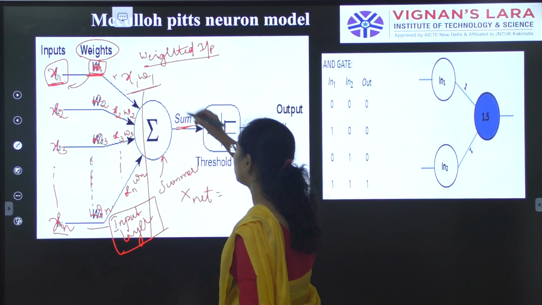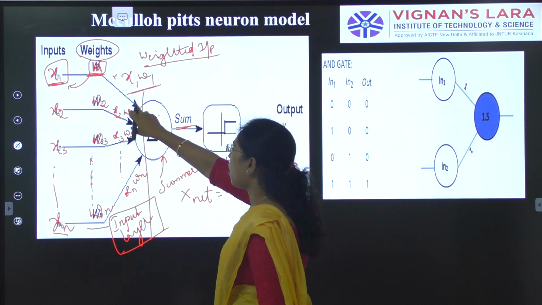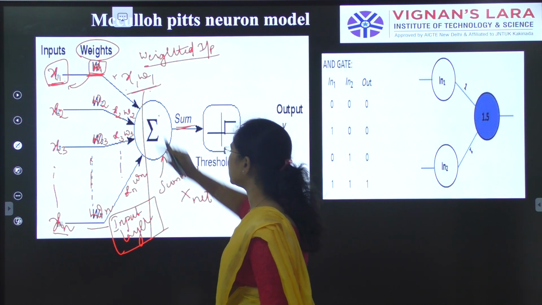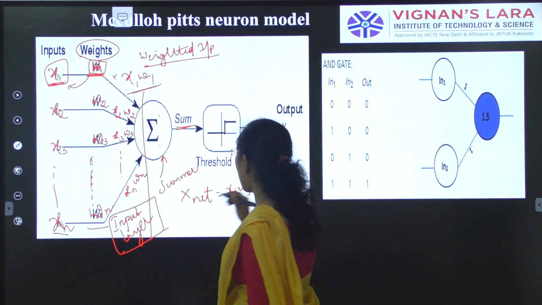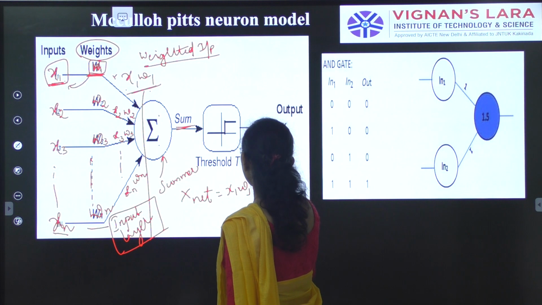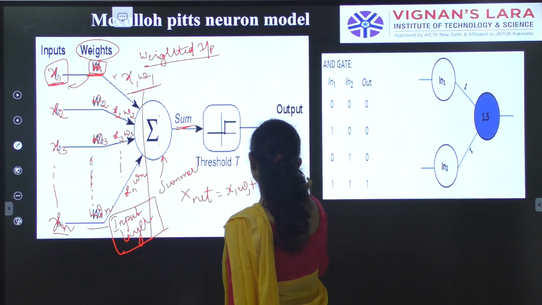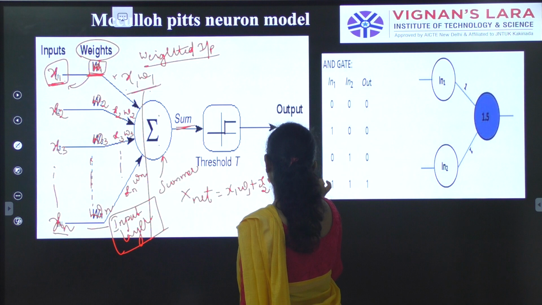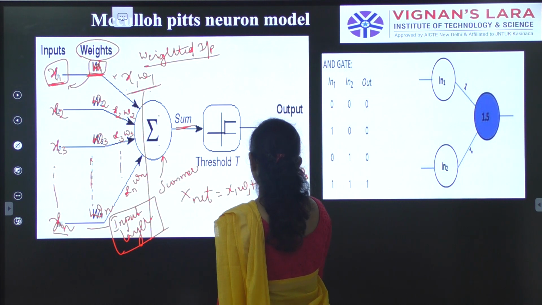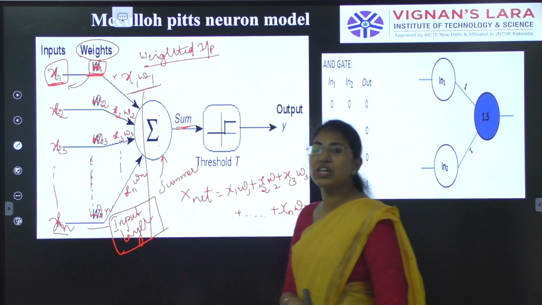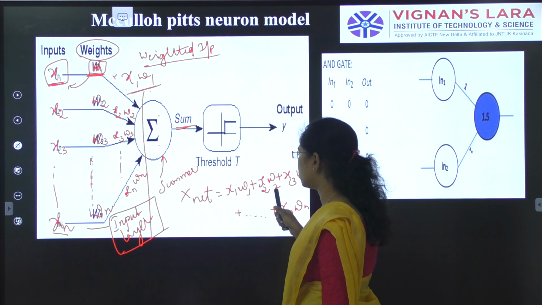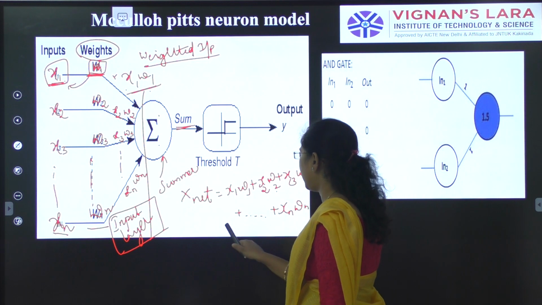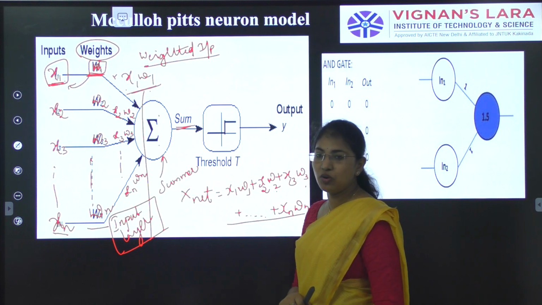X net is equal to X1 W1 plus X2 W2 plus X3 W3 and so on, up to Xn Wn. We are adding n weighted inputs.